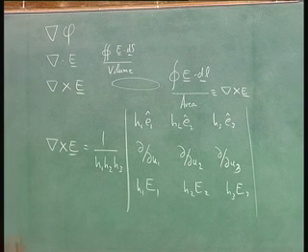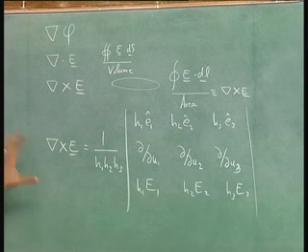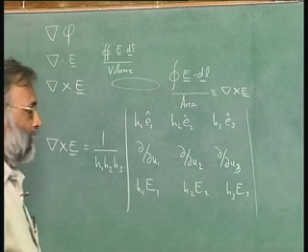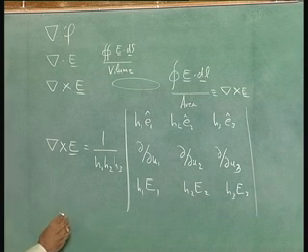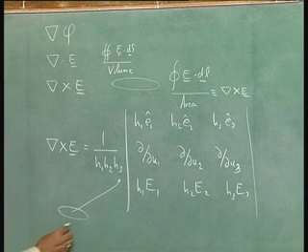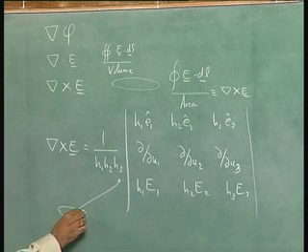Now today I am going to do a problem, just one problem. It's going to take the lecture, which will use curl in spherical coordinates. The problem is to find out the magnetic field far away from a loop of current.